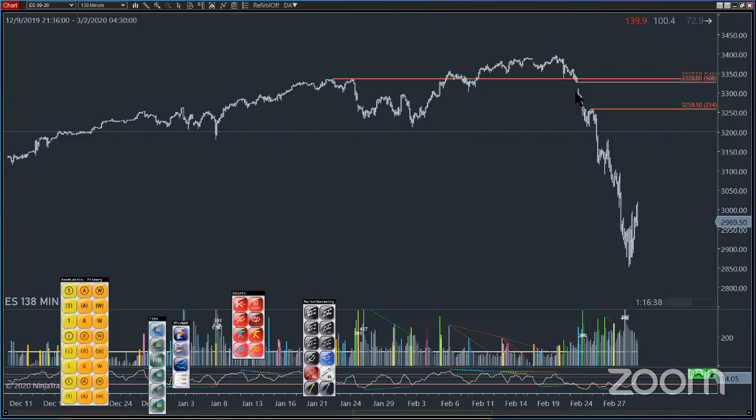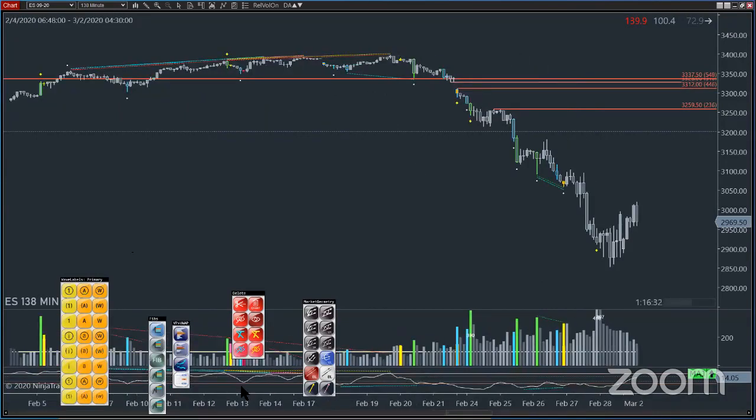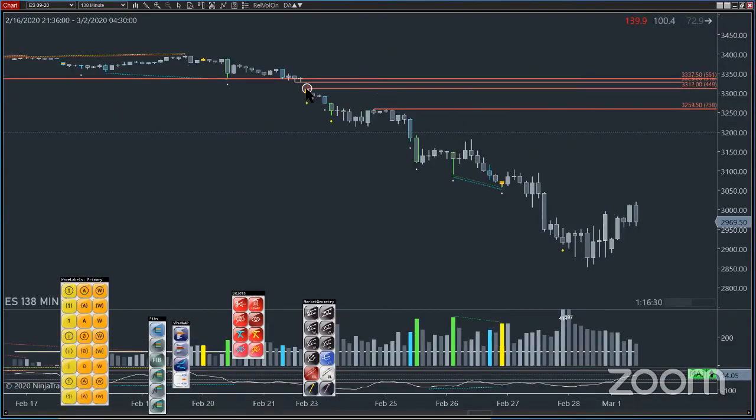All right, I forgot I got these settings set to high-low close.